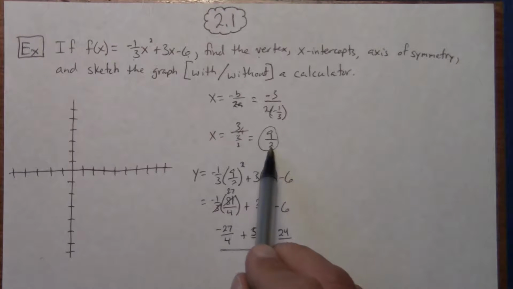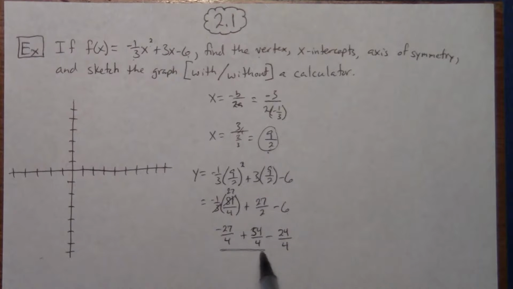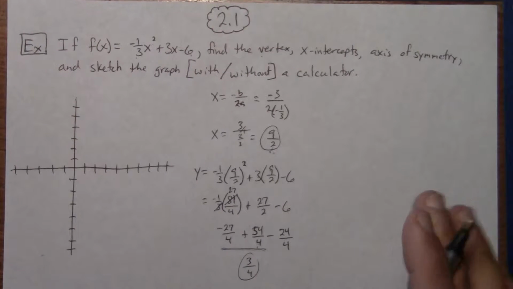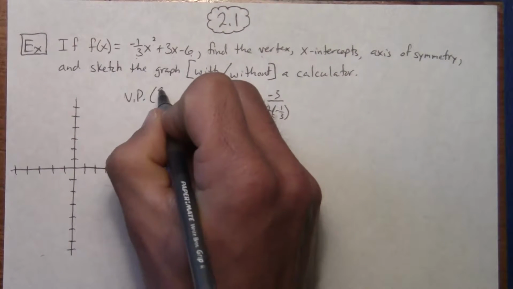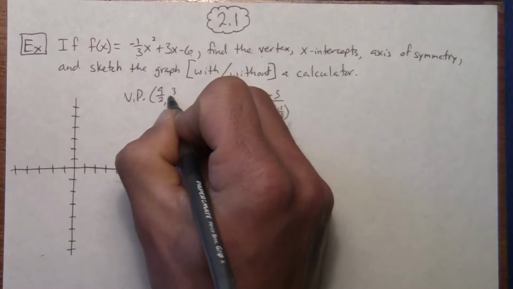That tells you that that number is right and your calculations are right. If for some reason one of them is not twice as large, that means either you did your calculations here wrong or that's not the right number. So that's good news. So it looks like that's going to give me positive 27/4 minus 24/4, or my y value is 3/4. So my vertex point, I'll write it up here, is 9/2, 3/4.